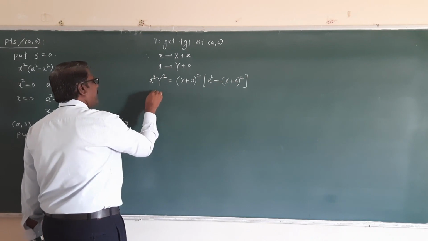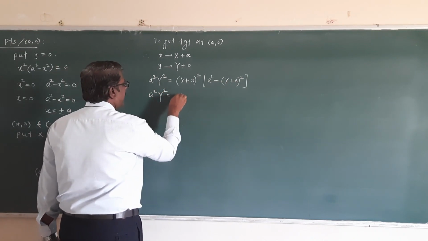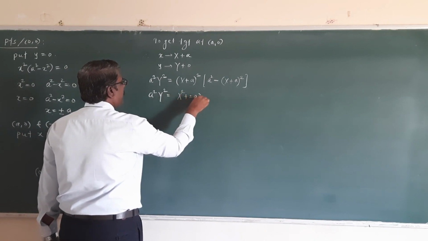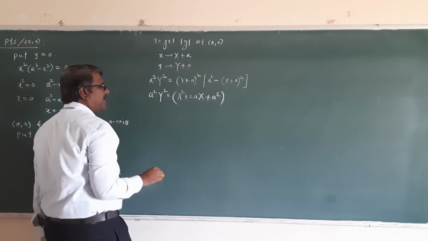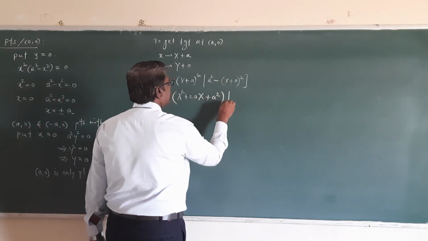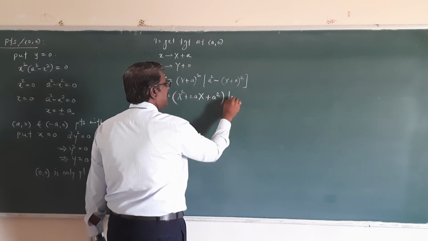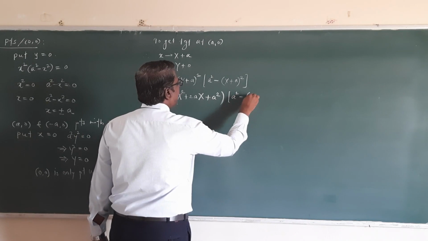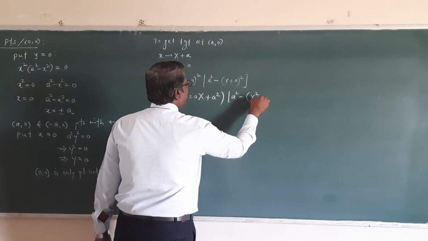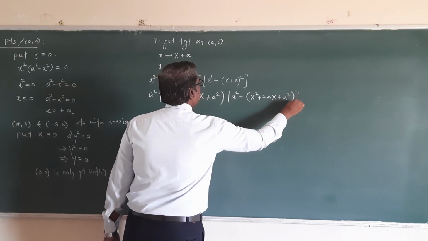If I simplify, I get a²y² = (x² + 2ax + a²) in the first bracket, and in the second bracket a² and −a² get cancelled, so a² − (x² + 2ax + a²).